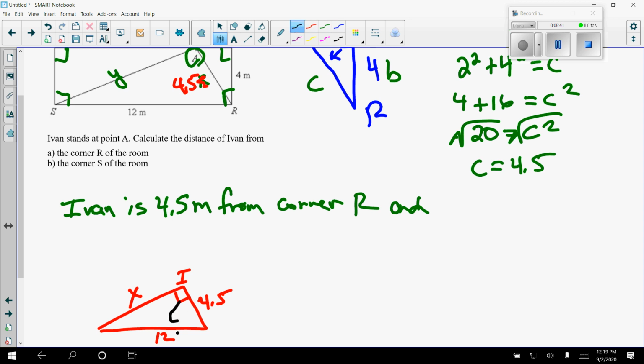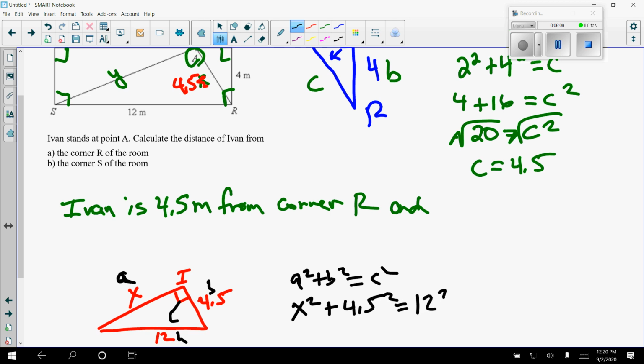Crossing my right angle, my hypotenuse. And then I have my legs. It's supposed to be A. A squared plus B squared equals C squared. The writing's getting really bad here, but I'll put x squared plus 4.5 squared equals 12 squared.